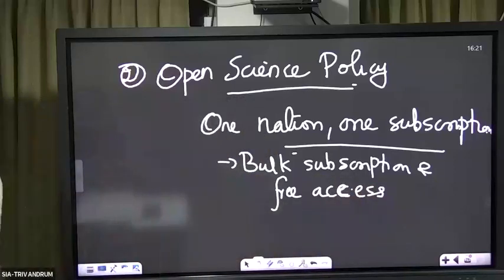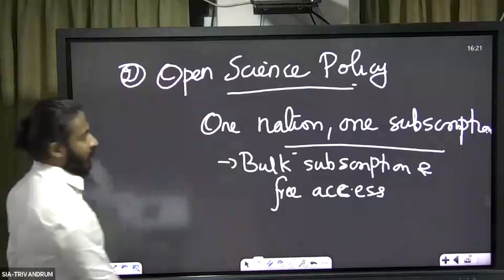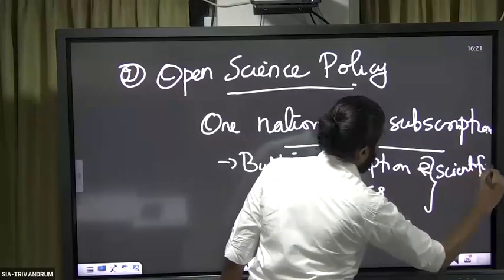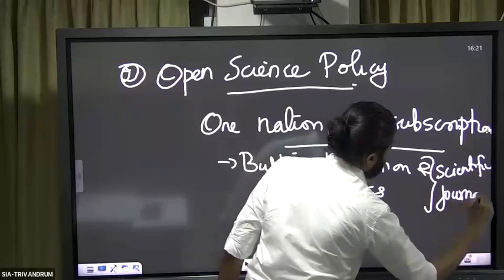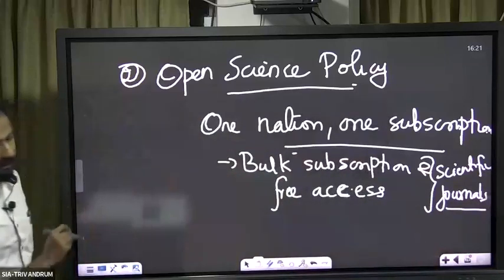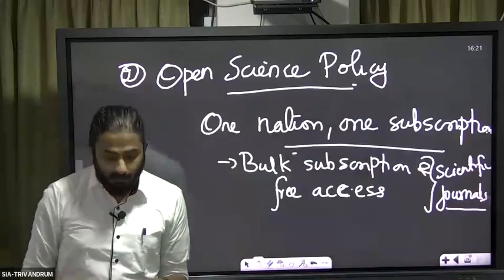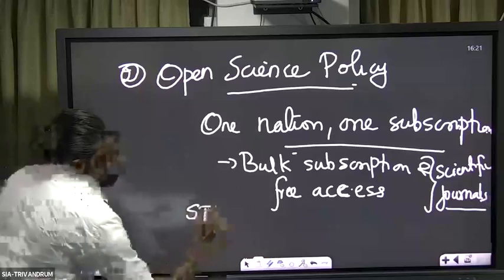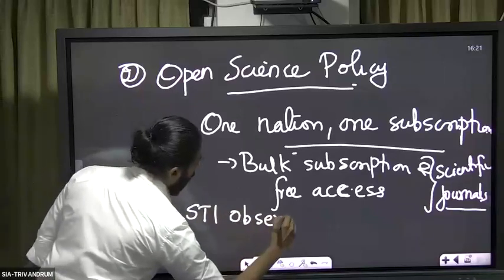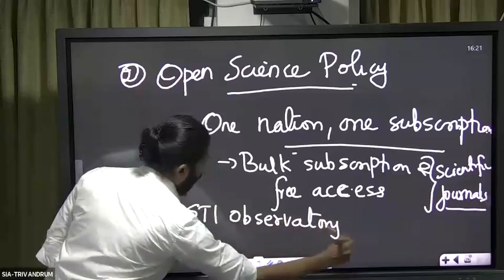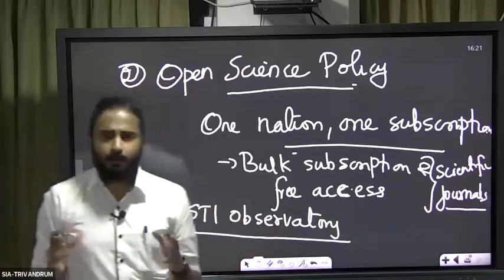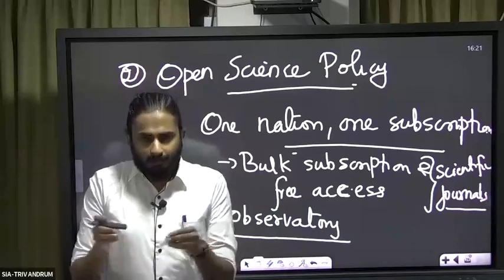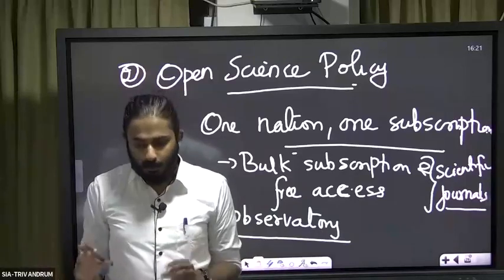Bulk subscription and free access to all scientific journals. And the government is also planning to bring one STI observatory. So these terms you should be familiar with, inclusion, open science policy, so that if a statement comes regarding any of this, you will be able to write.